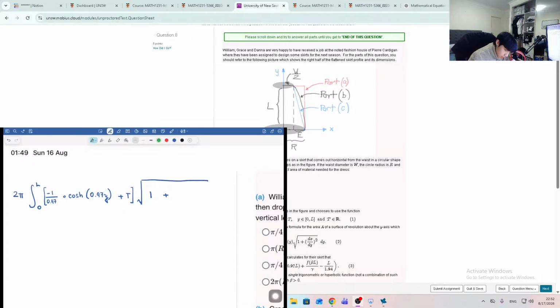Right, so we're trying to find the derivative of this with respect to y, and t's a constant, right?